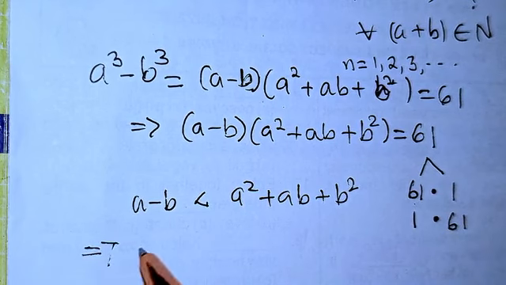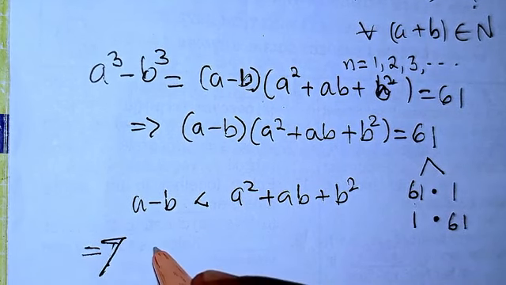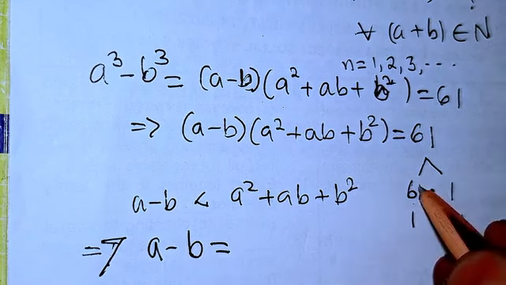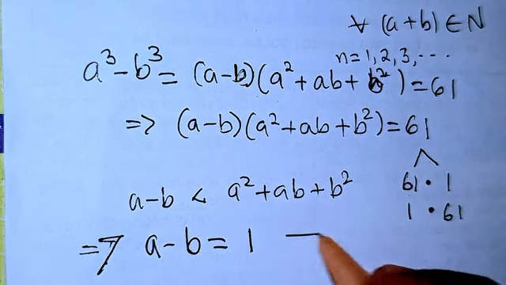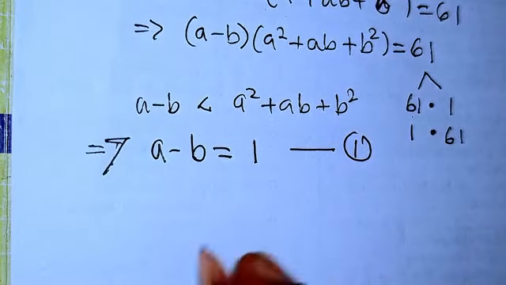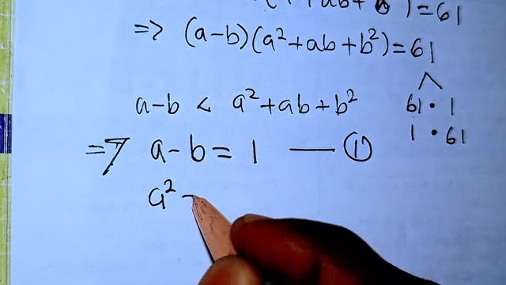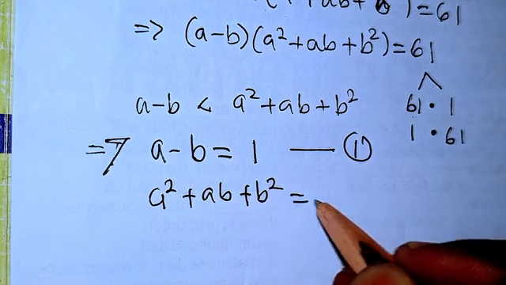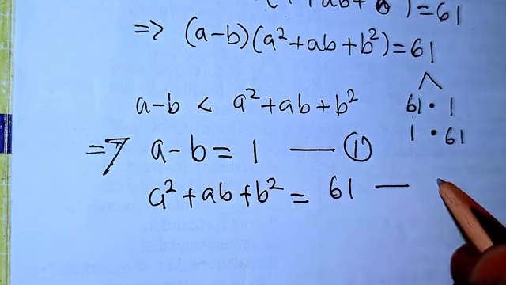This implies that a minus b equals 1. Let's call this equation 1. And a squared plus ab plus b squared equals 61, that will be equation 2.